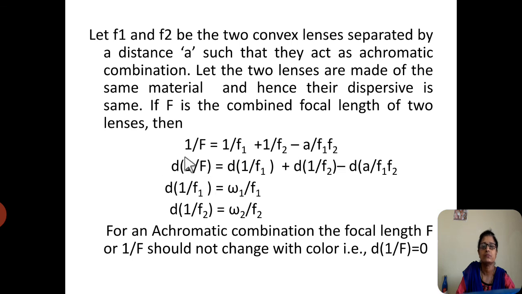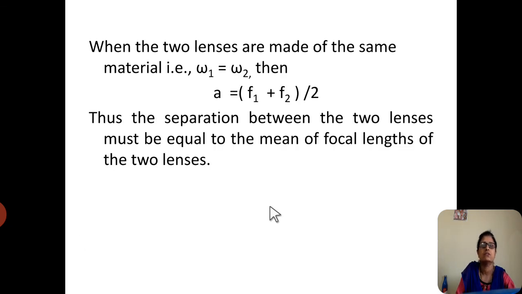Differentiating this, we get d of 1 by f is equal to d of 1 by f1 plus d of 1 by f2 minus d of a by f1 into f2. As we know, d of 1 by f1 is omega 1 by f1 and omega 2 by f2. For an achromatic combination, the focal length, or 1 by f, should not change with color. That is, d of 1 by f is equal to 0.